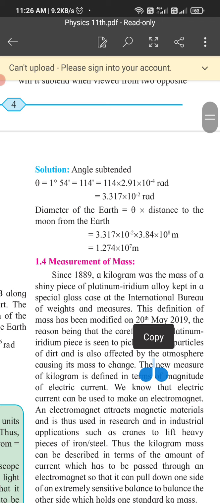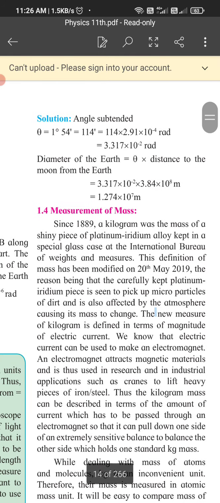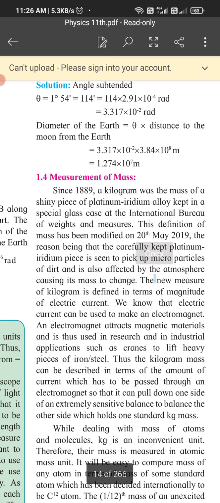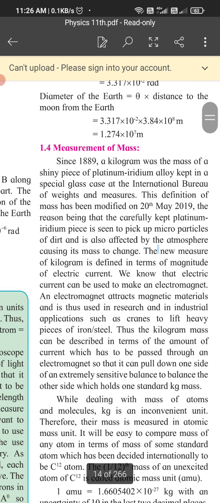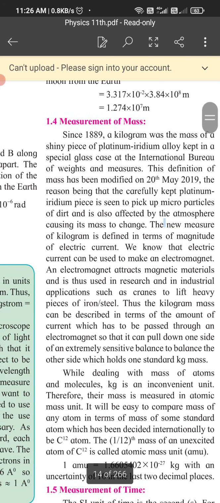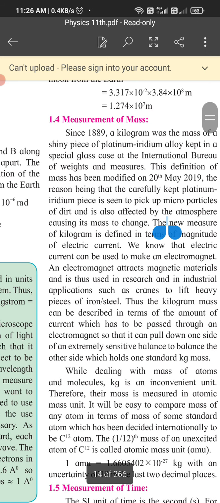This definition of mass was modified on 20th May 2019. The reason being that the carefully kept platinum iridium piece was seen to pick up microparticles of dirt and is also affected by the atmosphere, causing its mass to change. The new measure of the kilogram is defined in terms of the magnitude of electric current.